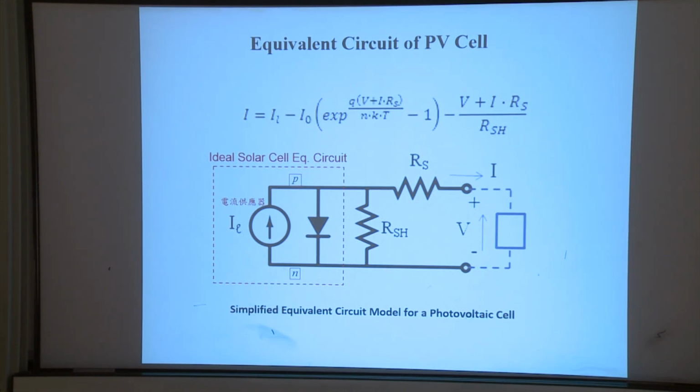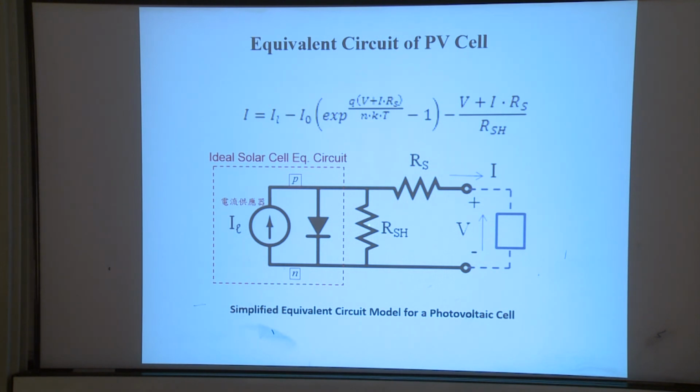But you know, nothing is ideal. So it has to have some series resistance and shunt resistance, or parallel resistance. Shunt means it does not go through directly, but goes through the other way, to get away from it.